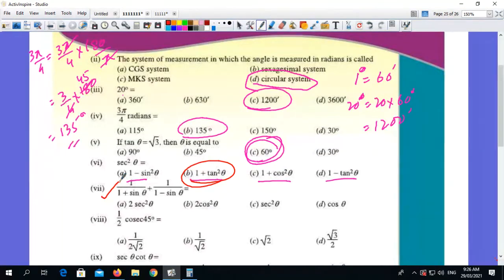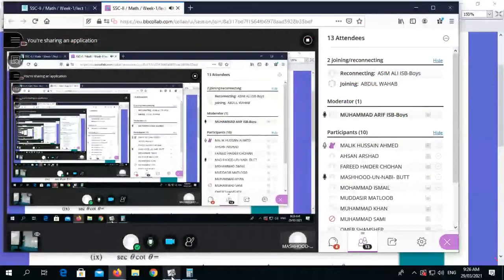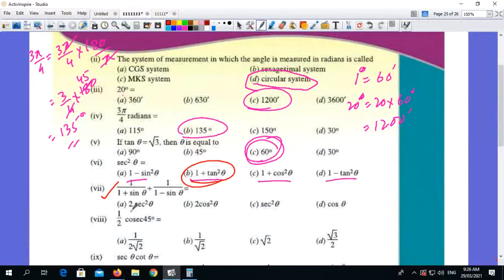Yes, what is the answer? Sir, 2 secant square. Good. The answer is 2 secant square of theta.